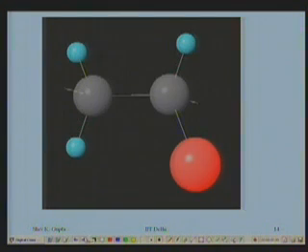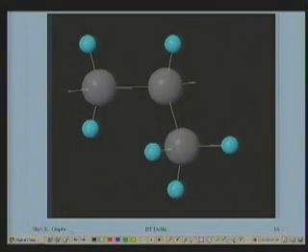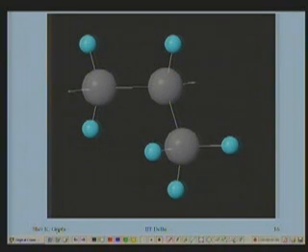Next one should be polypropylene, and polypropylene has three side groups, hydrogen, hydrogen and hydrogen, and the fourth side group is a big one.